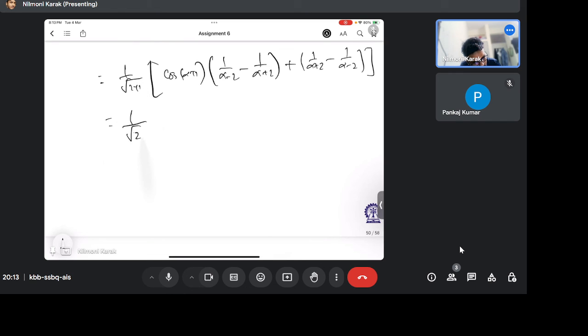You can easily simplify it. This is alpha + 2 minus alpha - 2, which is 4, so 4 divided by alpha squared minus 4 into cos alpha pi. And this is minus 4, because alpha - 2 is there at first and then alpha + 2. So minus 4 by alpha squared minus 4. Yes, this is the final answer.